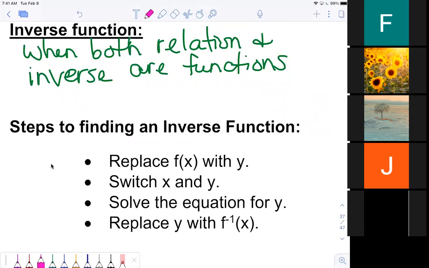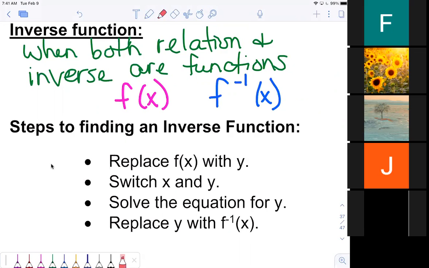We write an inverse. So that's my original function, f of x. The inverse function is written with the little notation of a -1 as a superscript with the f, the function.